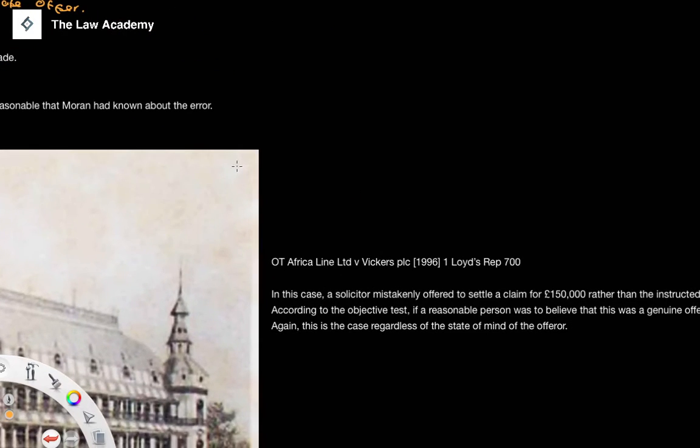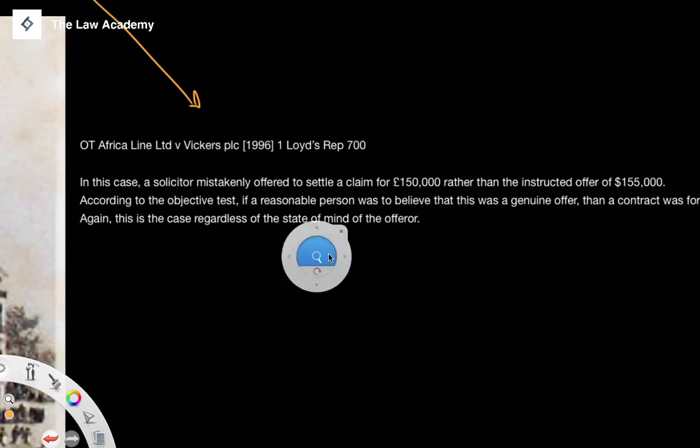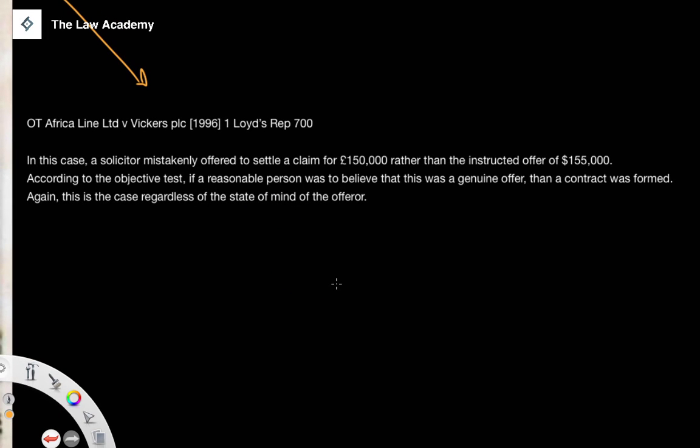A second example of the application of the objective test is OT Africa Line Limited and Vickers PLC from 1996, and in this case we have a very interesting set of facts.